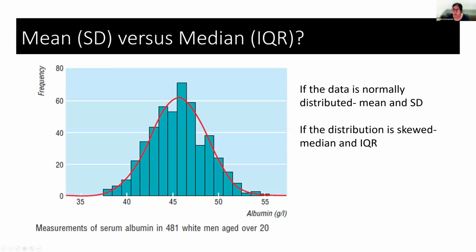Now the question is, why are certain numerical values represented as mean and standard deviation, whereas some others are median and interquartile range? So the first thing that we need to understand is, if the data is normally distributed, it will be represented as mean and standard deviation. But if the data is skewed, then we use median and interquartile range.